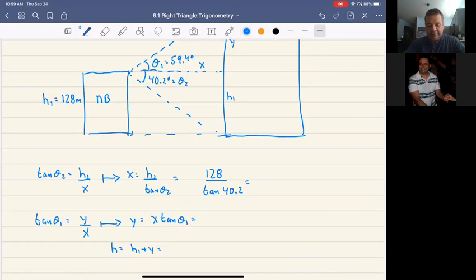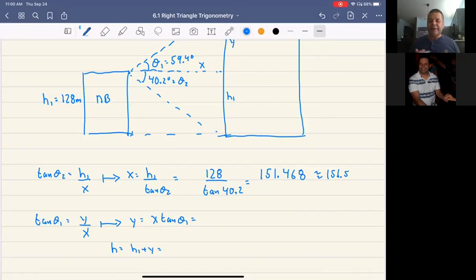So 128 divided by tangent of 40.2 equals 151.4638, let's say. Rounded to the tenth, it's 151.5.